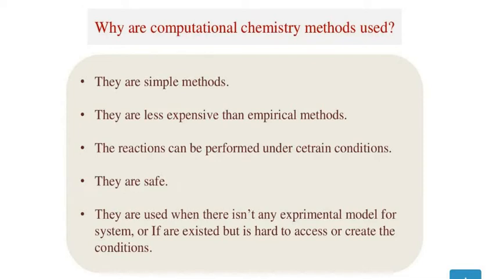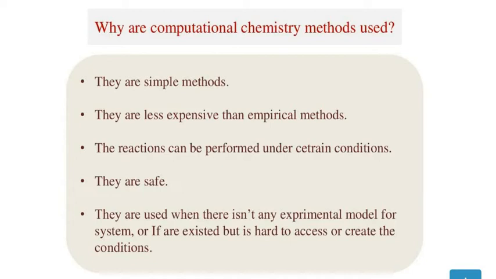They are simple methods. They are less expensive than empirical methods. The reaction can be performed under certain conditions. They are safe. They are used when there isn't any experimental model for the system, or if one exists but is hard to access or to create the conditions.